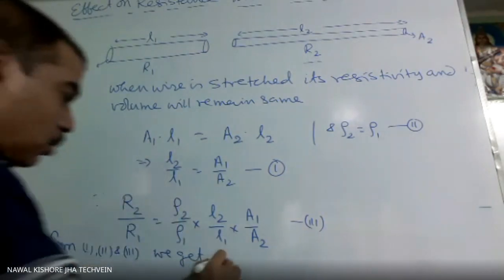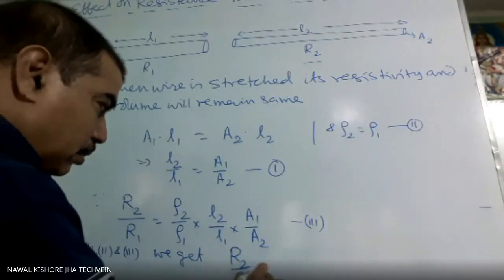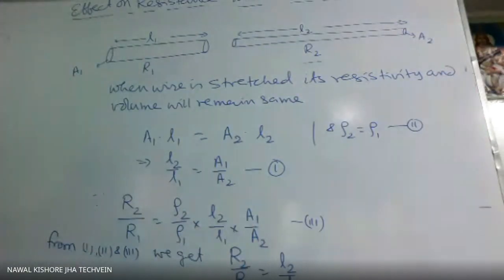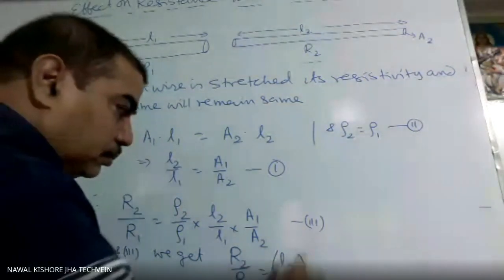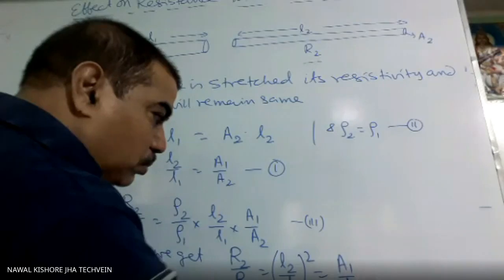So this R2 by R1 will be L2 by L1. In place of A1 by A2, we can write L2 by L1. That is L2 by L1 whole square, or it can be A1 by A2 whole square.